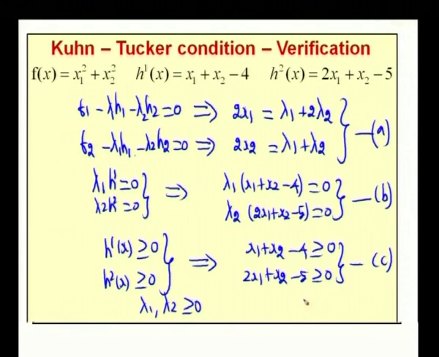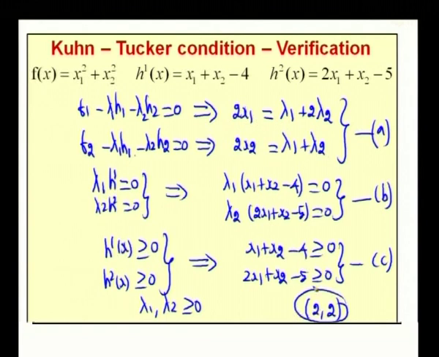Now, our solution for the given nonlinear programming problem is x1 equal to 2, x2 equal to 2. With these values of x1 and x2, equation A gives us 4 lambda 1 plus 2 lambda 2 equal to 4 and lambda 1 plus lambda 2 equal to 4.